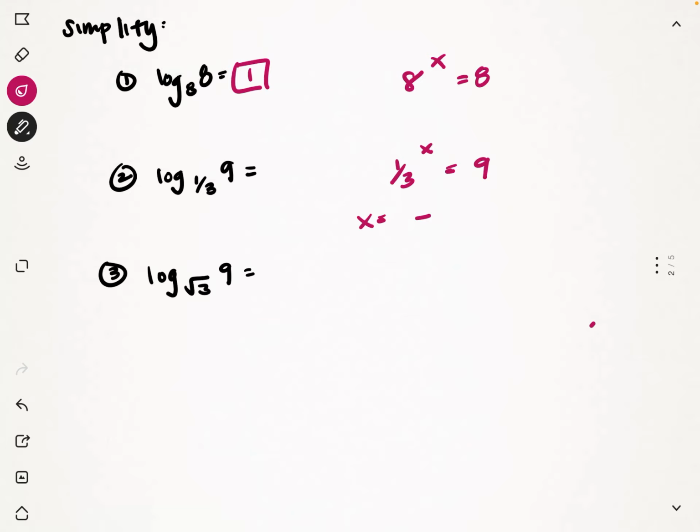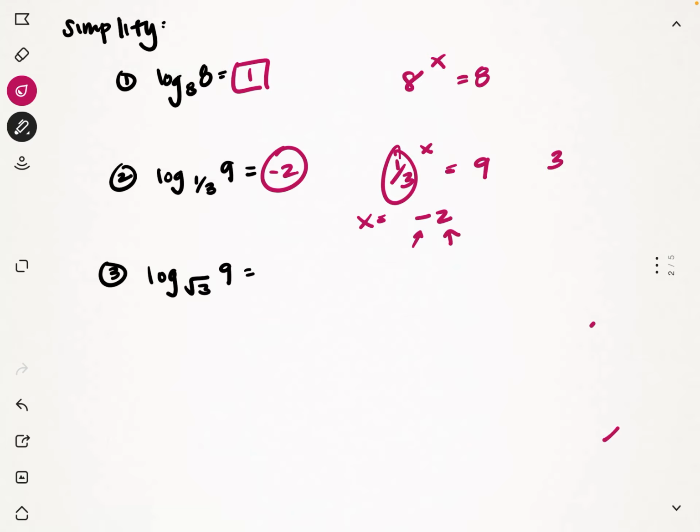That means it's reciprocal. And then 3 squared is 9. So -2 is going to be our exponent here. Okay, so again, because it's in fraction form and we want it to just be 3, we use the negative for our exponent, which reciprocates it, and then we can just square it.